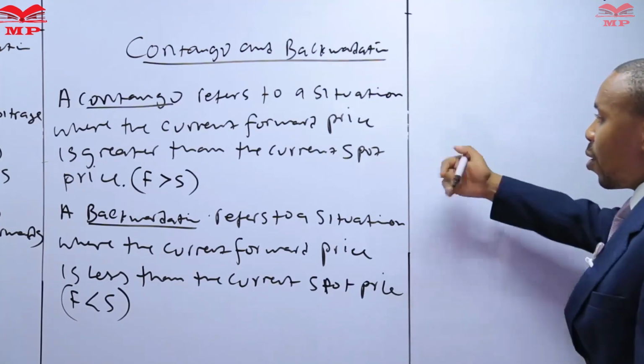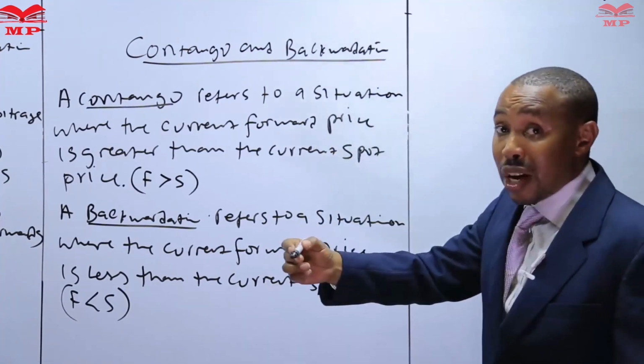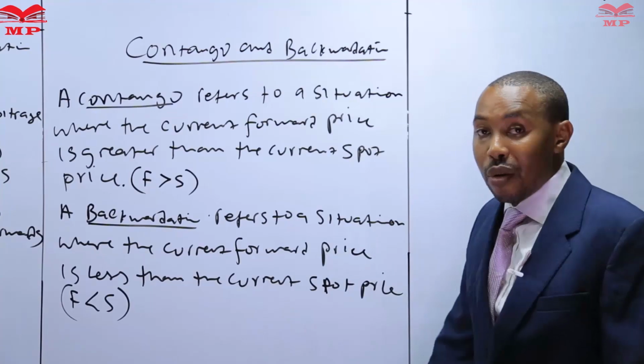So now we move on and try to explain what a normal contango is and what a normal backwardation is.